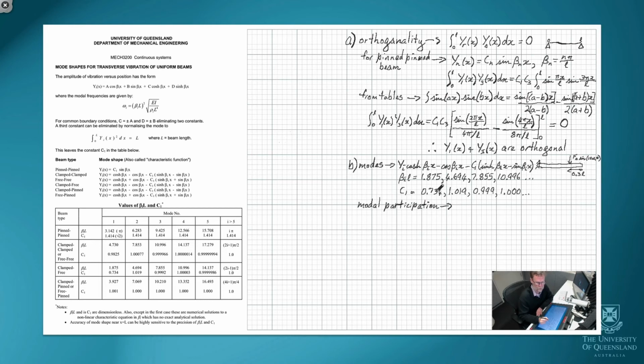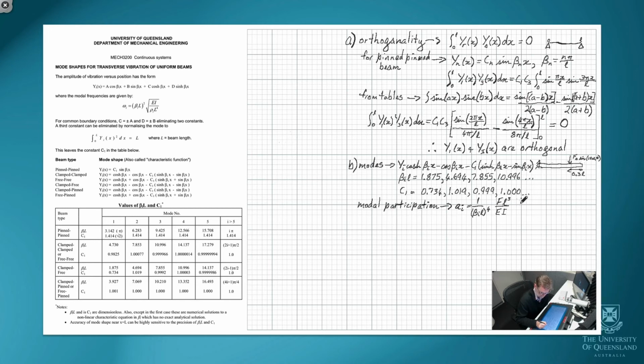And we've worked that out for a point load excitation. And for each mode, A sub i, that's equal to 1 over beta i L to the power of 4 times F L cubed on EI, which is like a static deflection term, so that the stiffer the beam, the smaller the amplitude of the dynamic response.